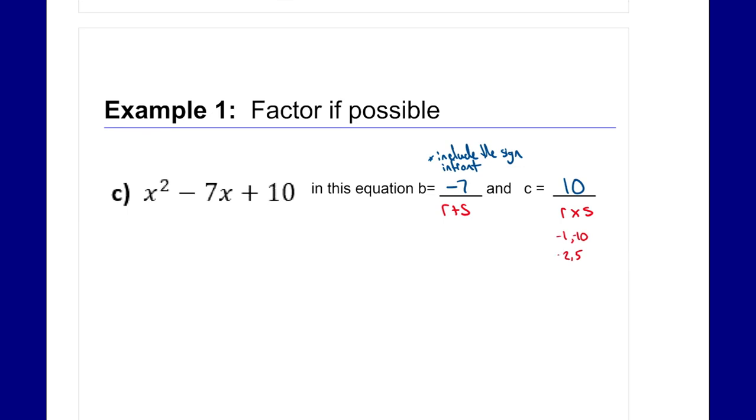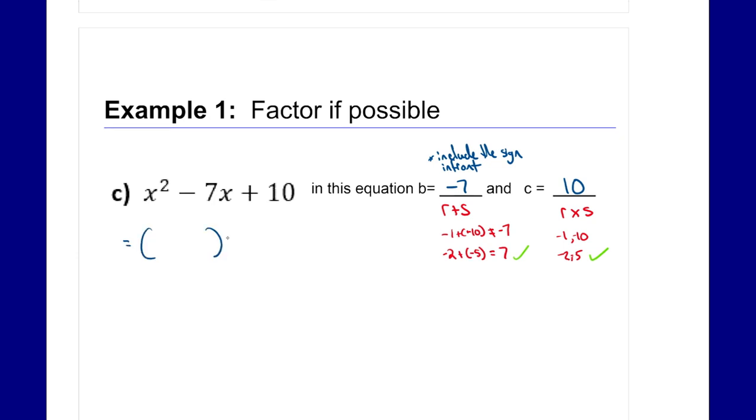Make both of them negative, and I can check. So -1 plus -10 does not equal -7, but -2 plus -5 does equal -7. So that means my two values that I'm going to use in my factored form are -2 and -5.